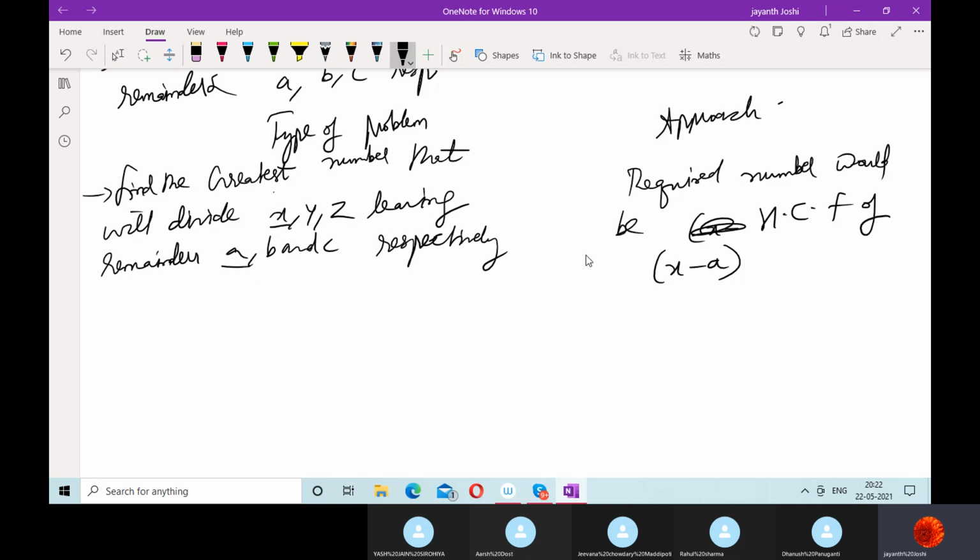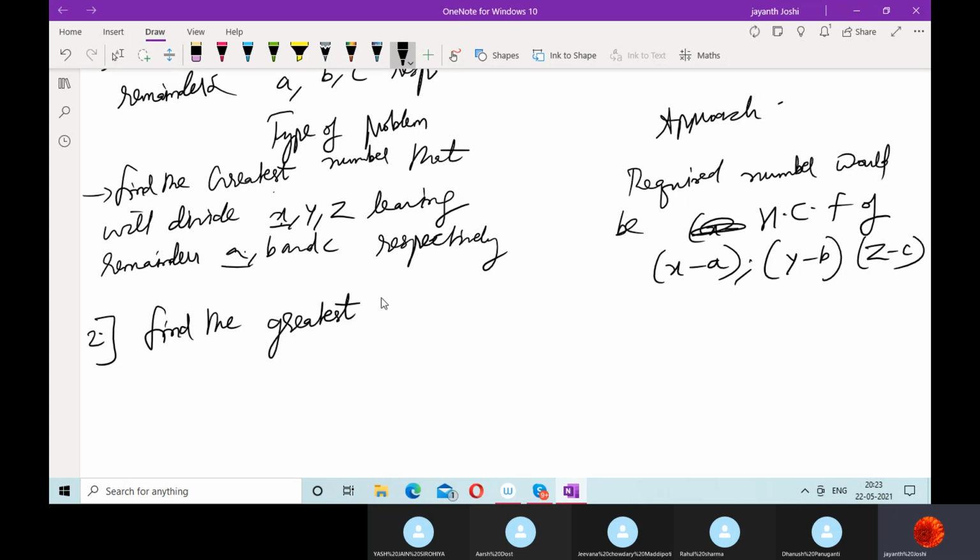We need to find out the divisor. So dividend minus remainder, HCF of X minus A, Y minus B, Z minus C. So this is the trick you need to apply. So write down the question number 2. These kind of questions you can expect in the exam, not the simple ones.